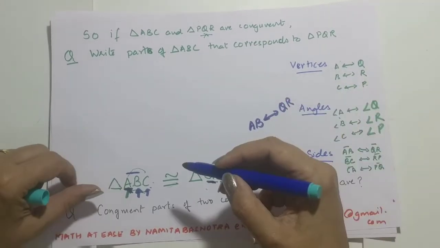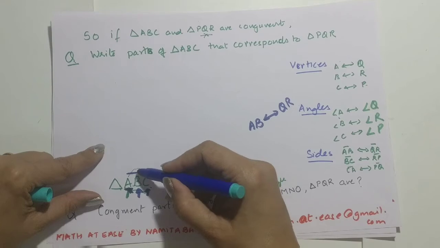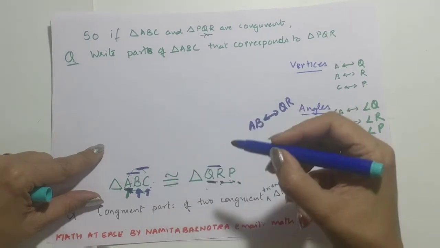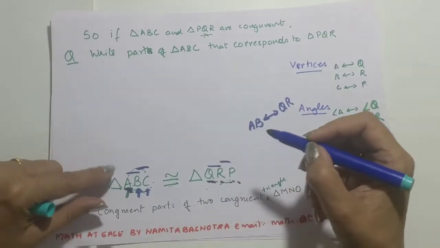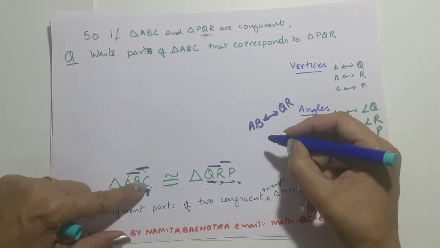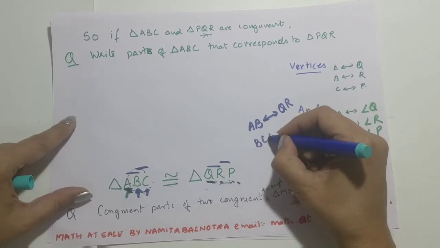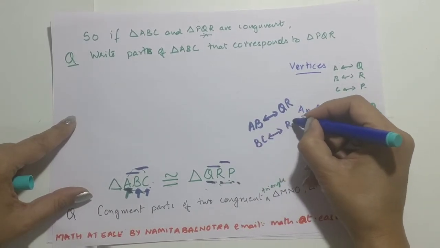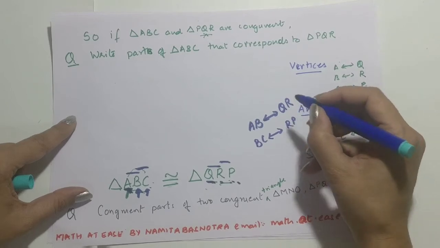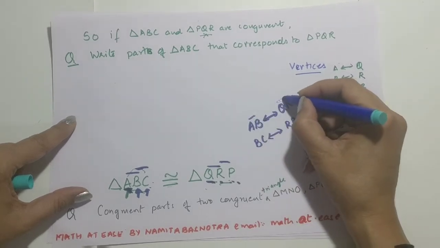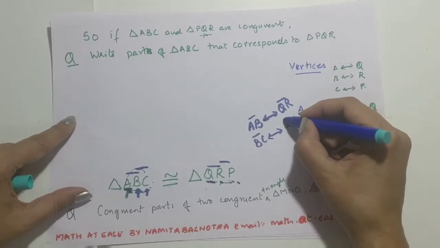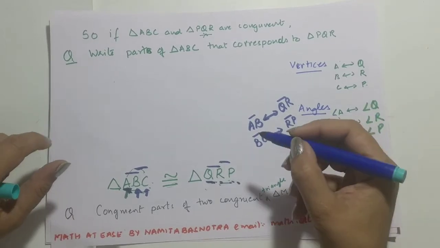Easy. Similarly, the next two alphabets are BC and here it is RP. So you will say BC corresponds to RP. So how would you write that? BC corresponds to RP. Easy? Yes, you can show a line here to show that it is a line segment. You can draw, that is allowed.